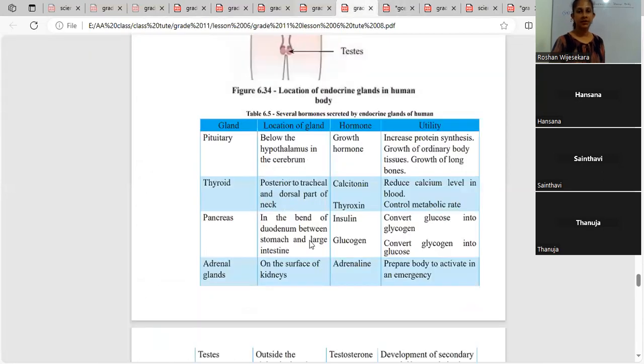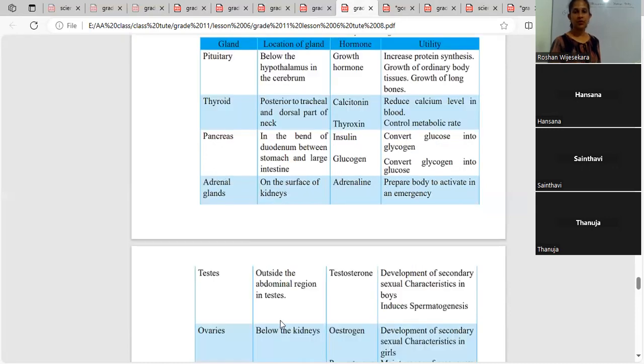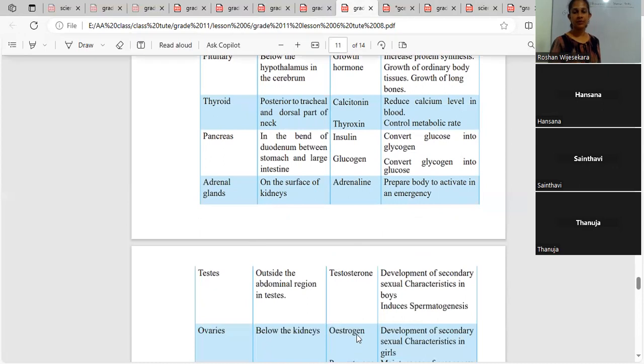Here, for calcitonin the gland is thyroid and the function is to reduce calcium level in blood. Then what is the next one? Estrogen. Estrogen hormone is produced by ovaries. Yes, ovaries. The function of estrogen is development of secondary sexual characteristics of girls.